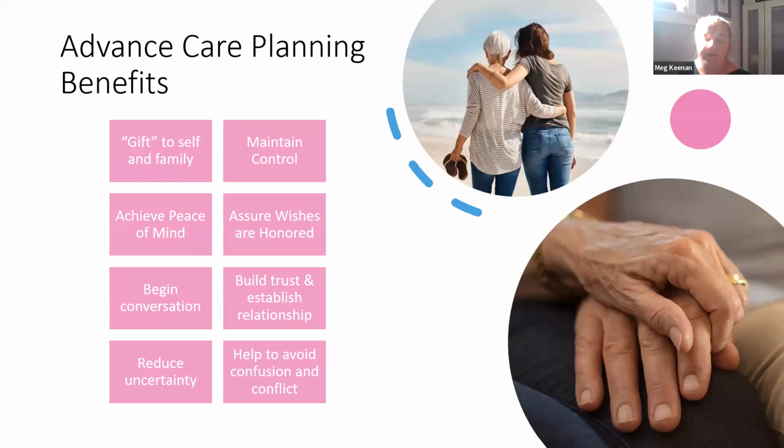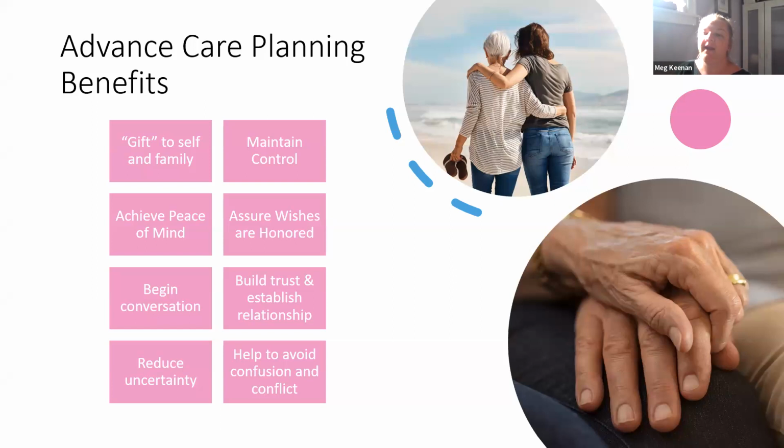There are several benefits to advanced care planning. A lot of people like to think of it as a gift to your family. Think of if something were to happen to you, the gift you could give them, having already chosen that person that's going to make those medical decisions, and having your family and friends know what you would want.